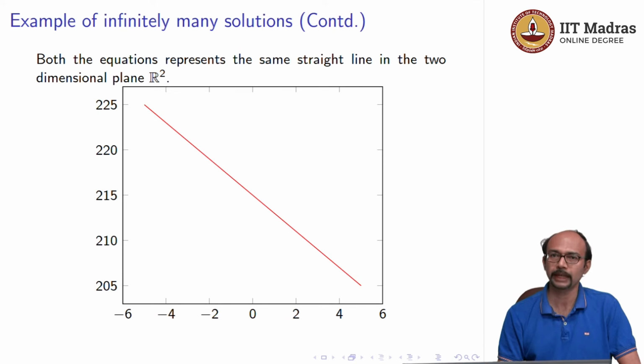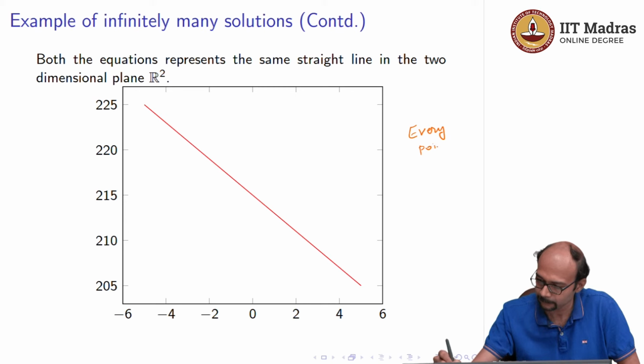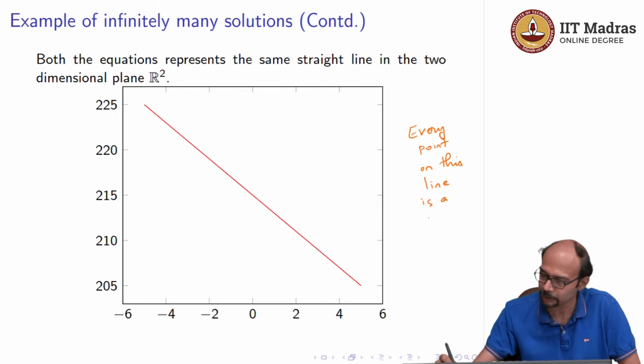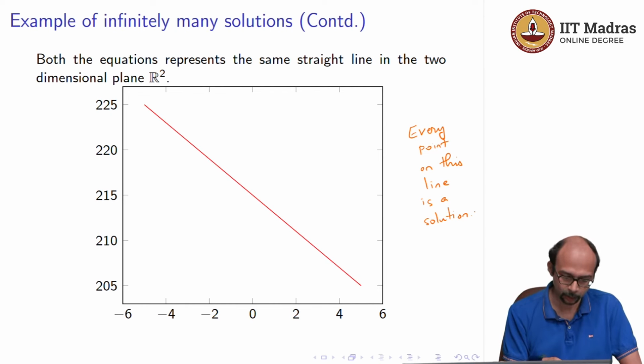So any point on this line is going to be a solution. Every point on the line is a solution. So now you can find as many solutions as you want. This is the geometry behind why it has infinitely many solutions.